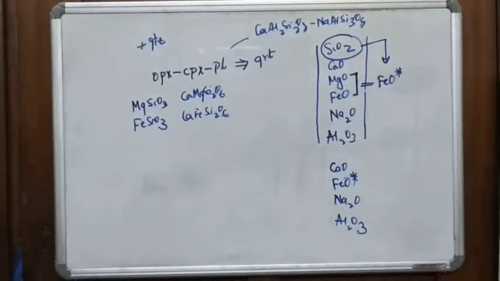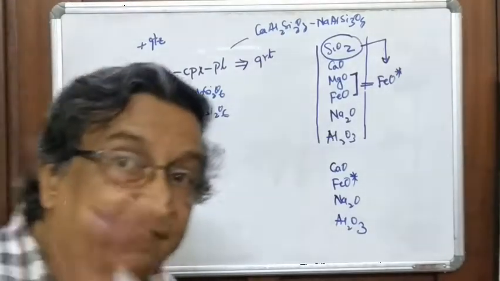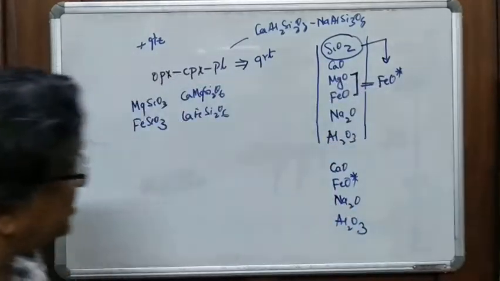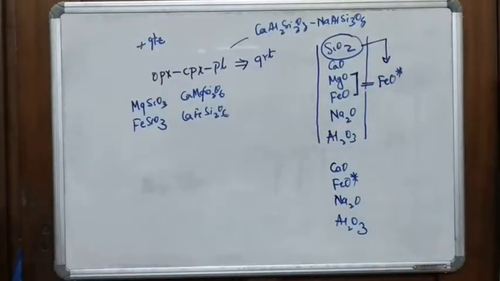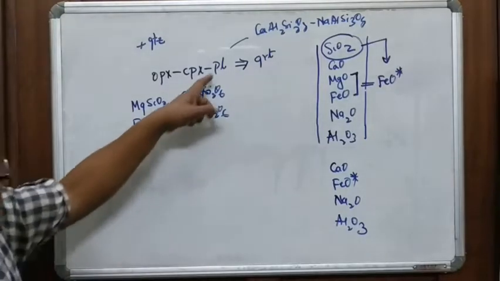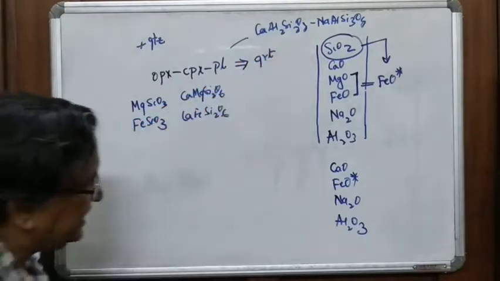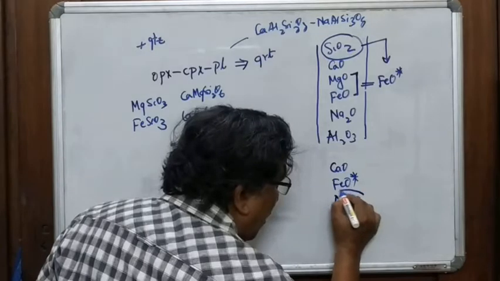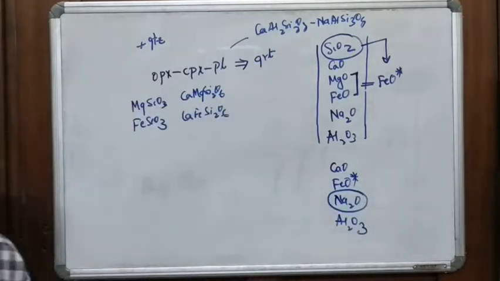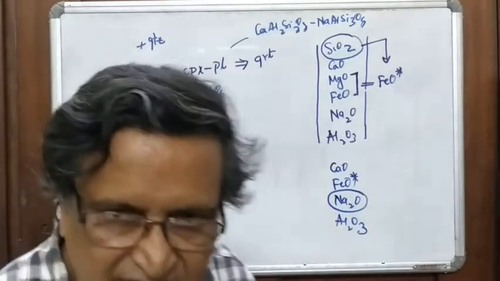These are the 4 components. But there is an important thing, and I will explain this to you in a later set of lectures. Al2O3 is present in plagioclase if we neglect Na2O. Do you see why? Because Na2O occurs only in plagioclase.